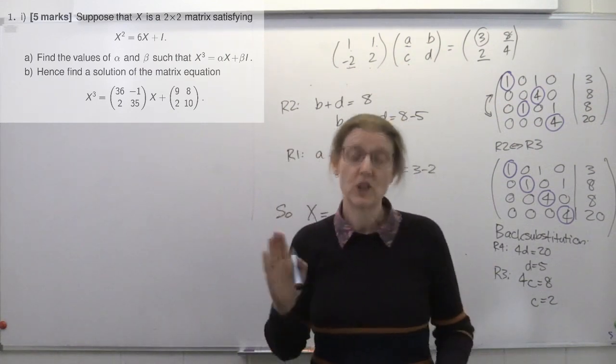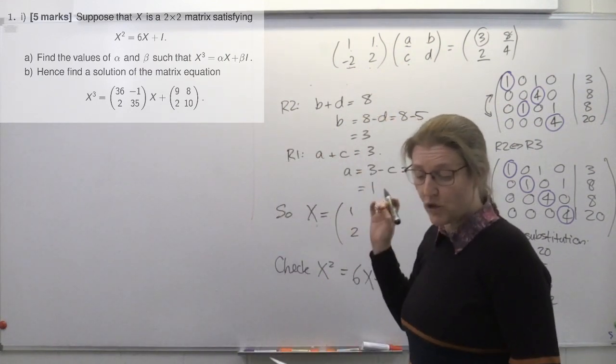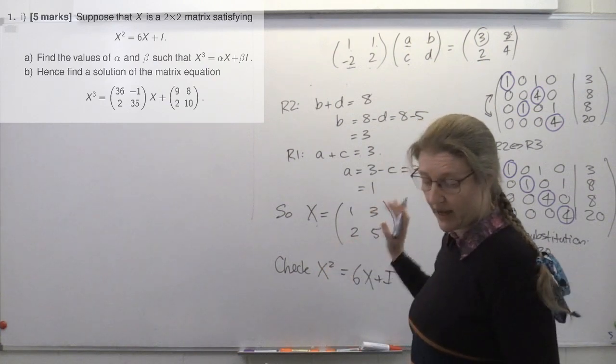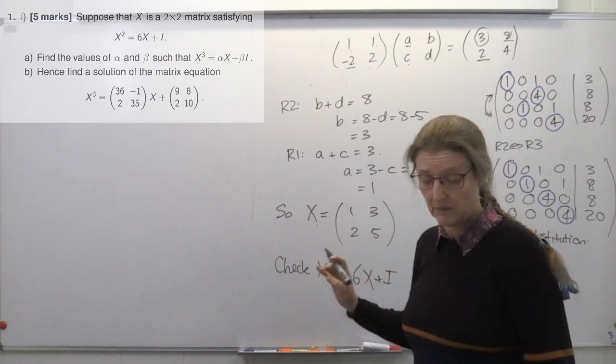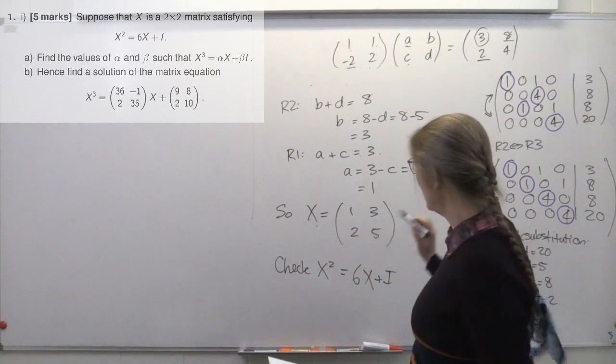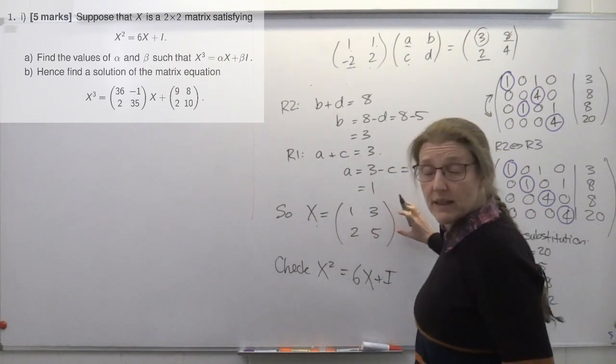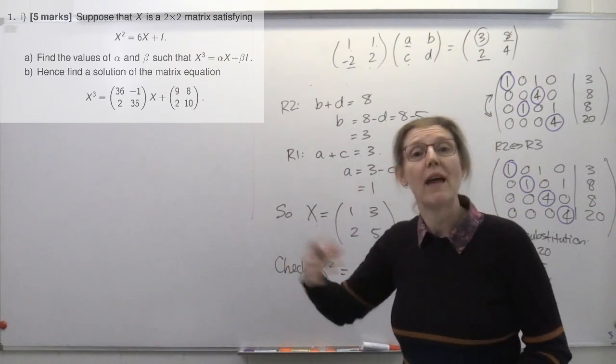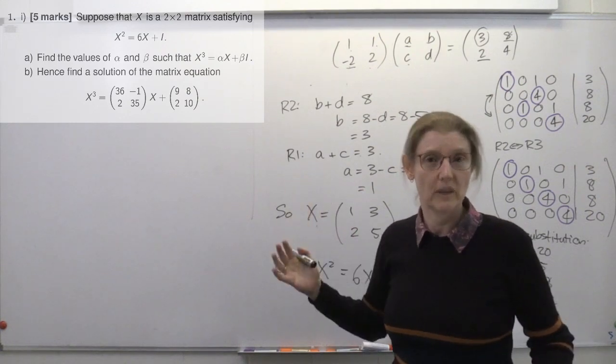You can also check that x cubed is equal to 37x plus 6i. By substituting this value in, you can make sure that you haven't made some stupid numerical slip.